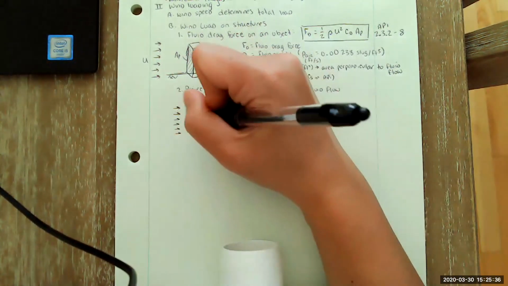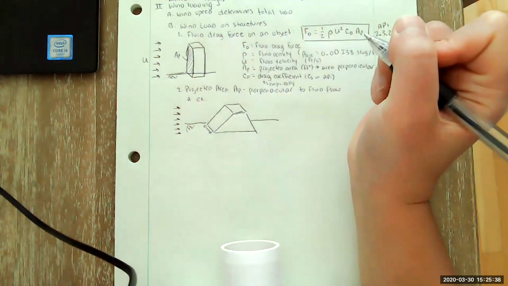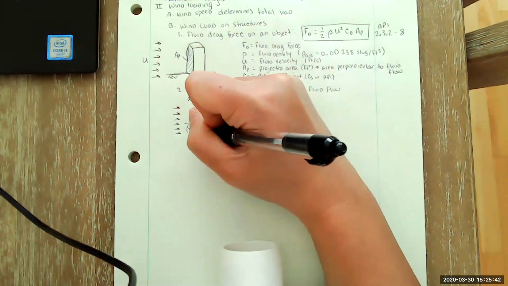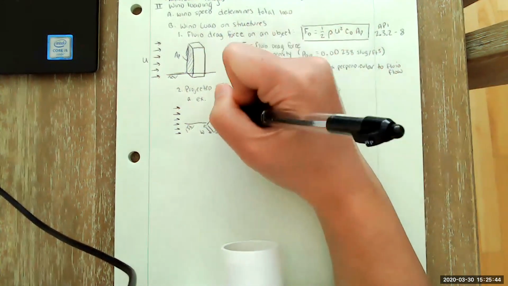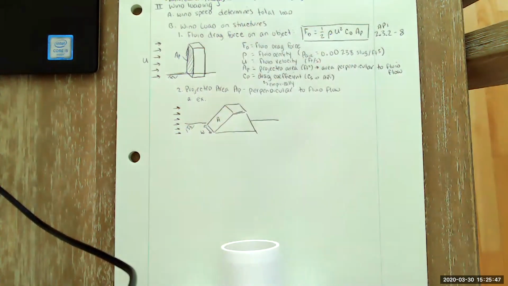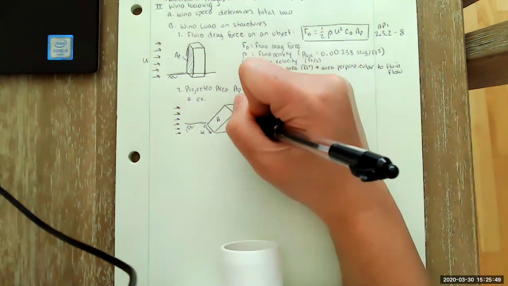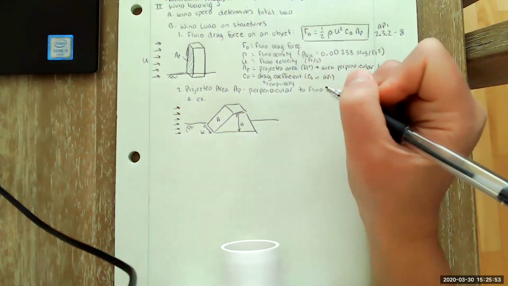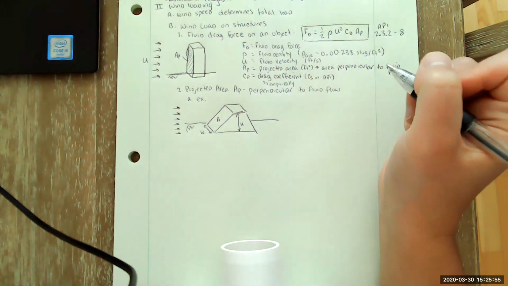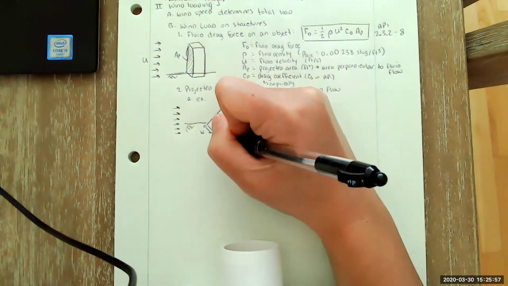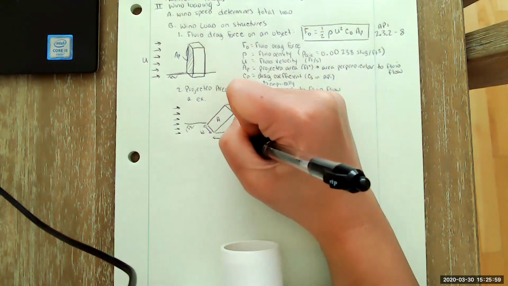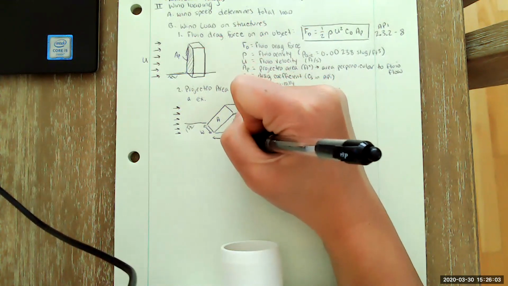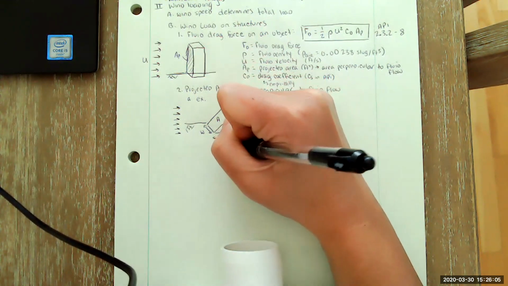Let's say we have some dimensions, just keeping them in variables for now. Let's say we have some width W. This is the area of the side that's exposed to the wind. Here's H, the height of this pyramid structure. And let's call this length L.